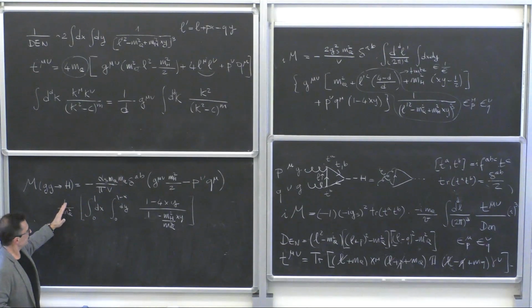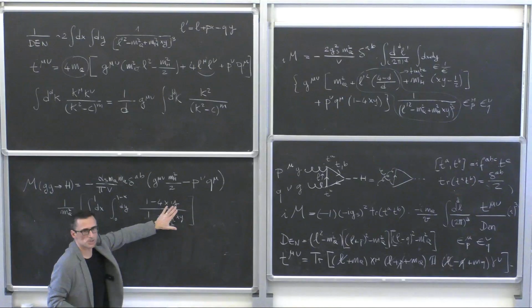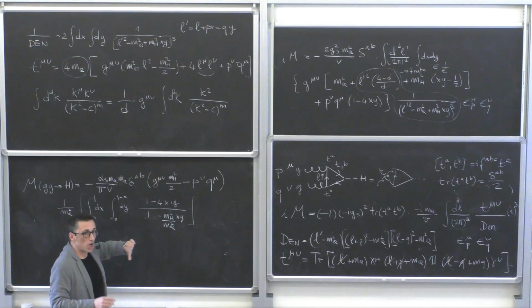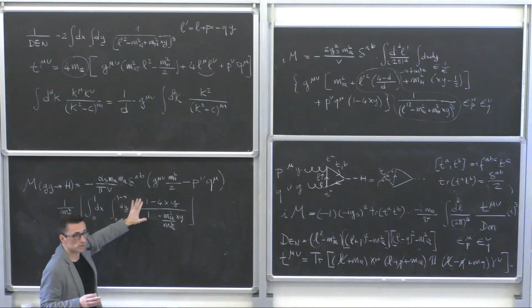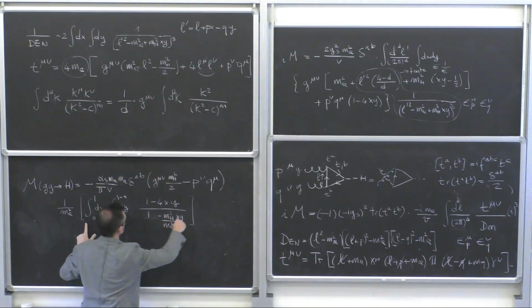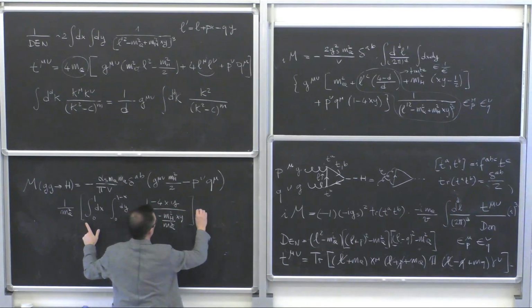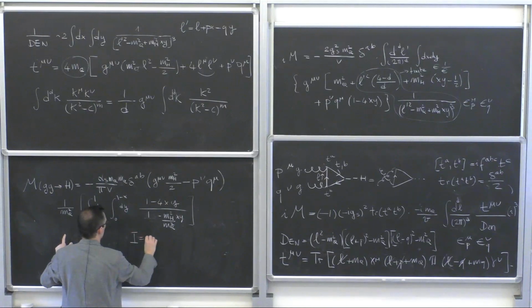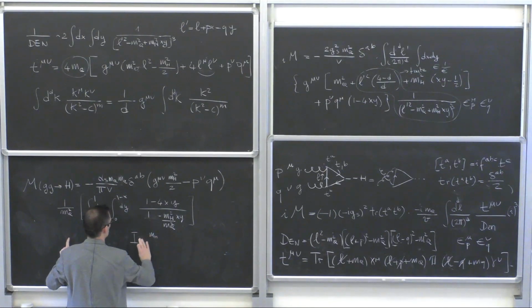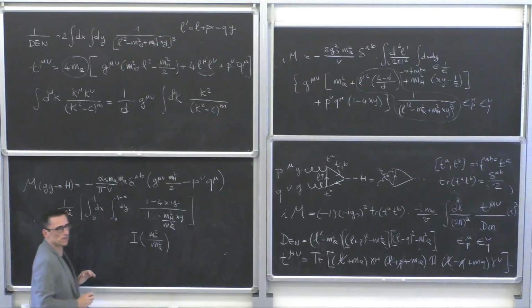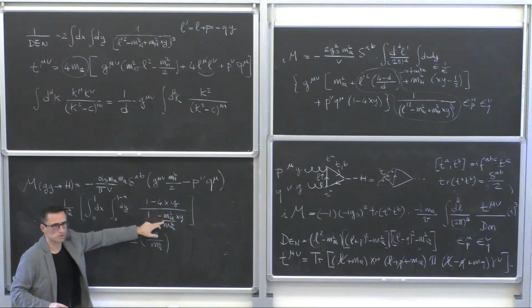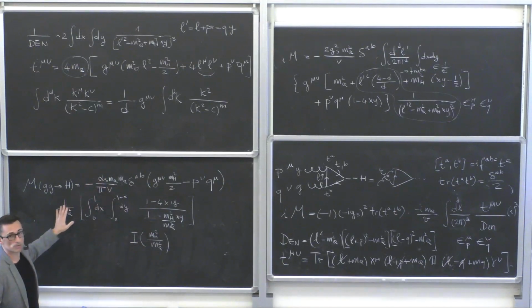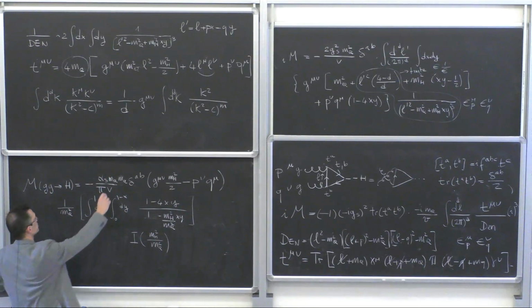So the only dependence on M_Q of this diagram is inside this function, which I call I of m_X over m_Q squared. Outside this function, which is a function of this ratio, there is no mass dependence because that's cancelled.